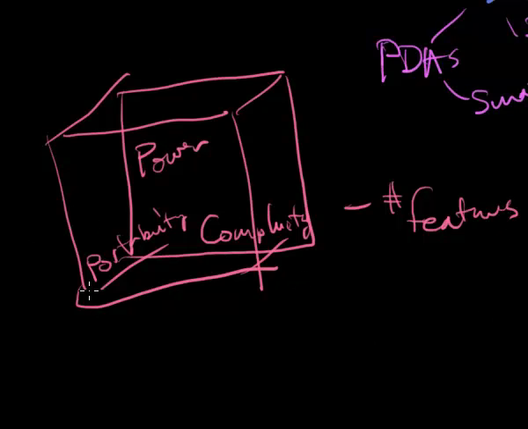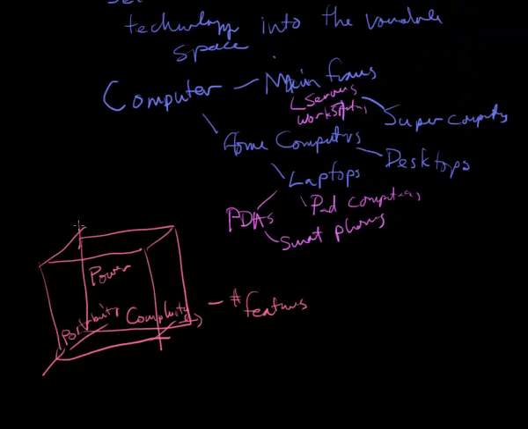Okay, you may have some other type of cube, or maybe you have more dimensions than that, but I like to keep it to 3 because it gets a little harder to plot if you have more than 3 dimensions. Anyway, plot out each of these computer technologies in terms of this process space, or this innovation space, I'm going to call it.